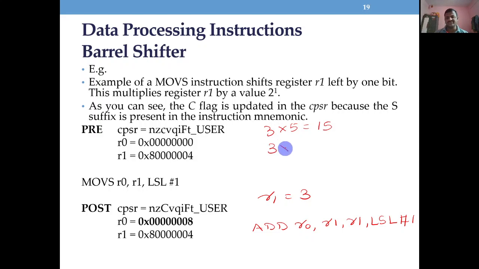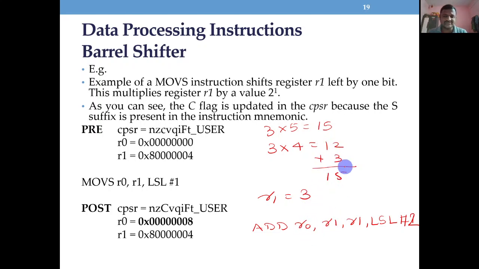You can perform 3 into 4. How much will we get? 12. 12 plus 3, how much will we get? 15. So 3 into 4 is nothing but shifting twice towards the left side. So instead of hash 1, I'll make it hash 2. So this will perform 3 into 4 to get 12, and that 12 gets added to the 3 to get 15. That is stored back in R0.